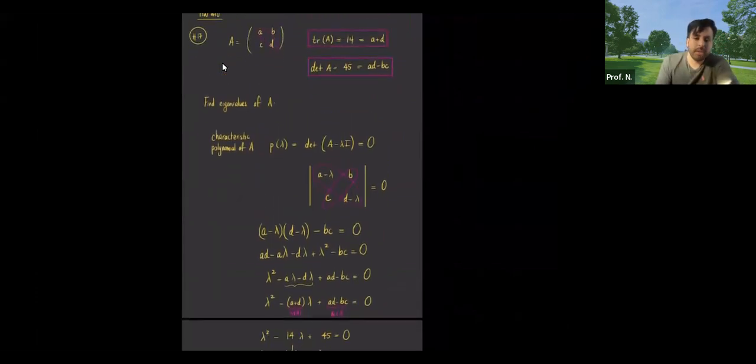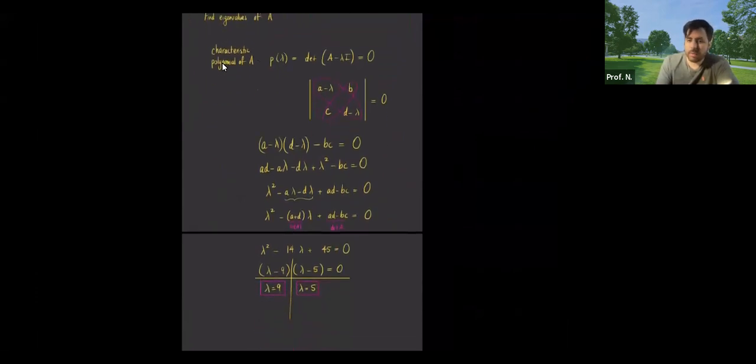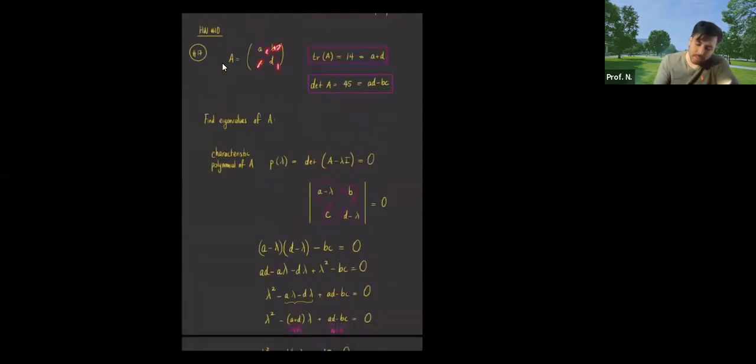The trace and the determinant of a 2 by 2 matrix appear every time in the characteristic polynomial. That's the little insight for this problem. Whenever we talk about 2 by 2 matrices, the determinant is the constant term of the characteristic polynomial, and the trace is the negative of the coefficient of the linear term.